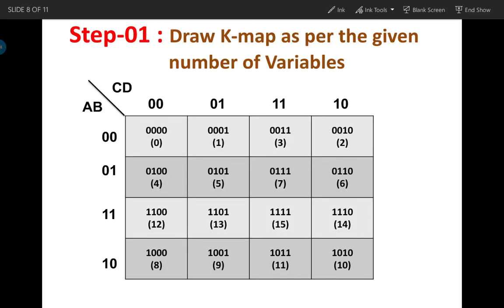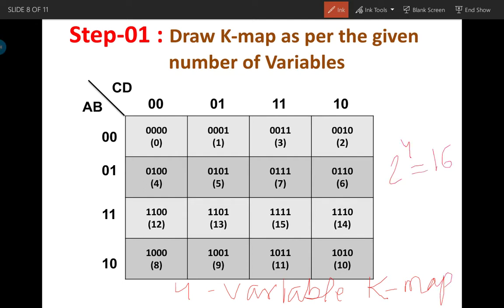First of all, we will draw the K-map for the given number of variables. I have shown here a 4-variable K-map. A 4-variable K-map requires 2 raised to power 4, that is 16 cells. A and B variables are taken on one side, C and D are taken on the other side.